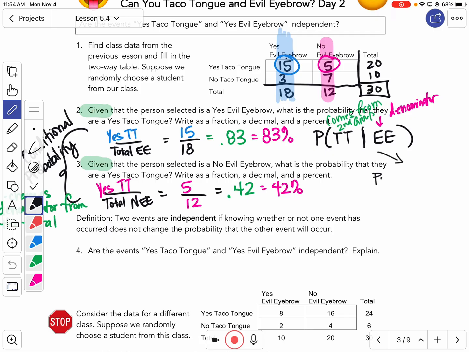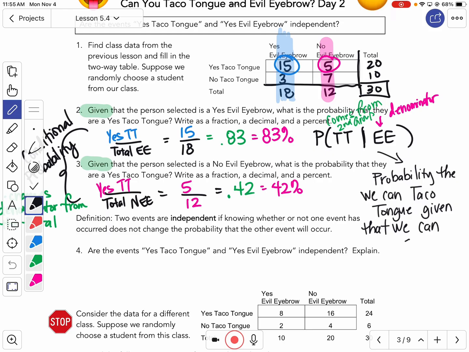So if we wrote it in words, it would be the probability that we can taco tongue given that we can evil eyebrow. That's a mouthful, but that's how we would say it.